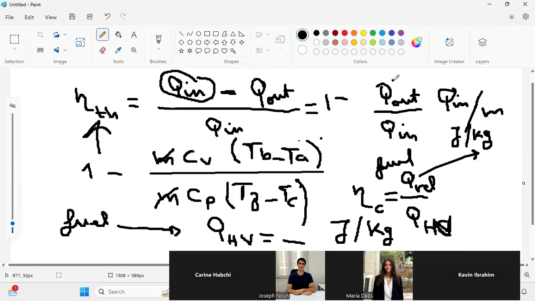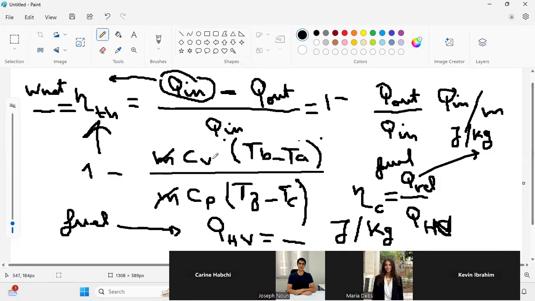So in your cycle, how do you calculate Q input? You can calculate Q input as m Cv delta T. And you can also calculate it as W net over the thermal efficiency, because thermal efficiency is W net over Q input.